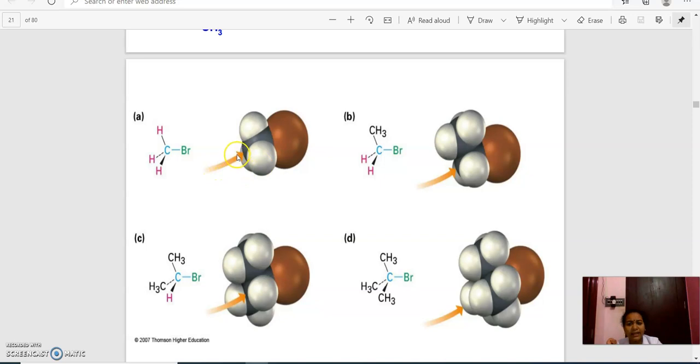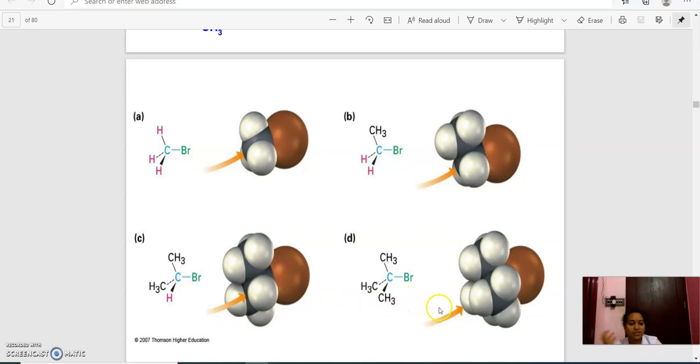So the nucleophile can easily attach to the carbon, because these are very small, so there is space to attach. Here, if we see one CH3 group and two H groups, it's okay, the nucleophile can attach to the carbon. If you check here, two CH3 are there, but anyhow the nucleophile can attack. It will get some space.